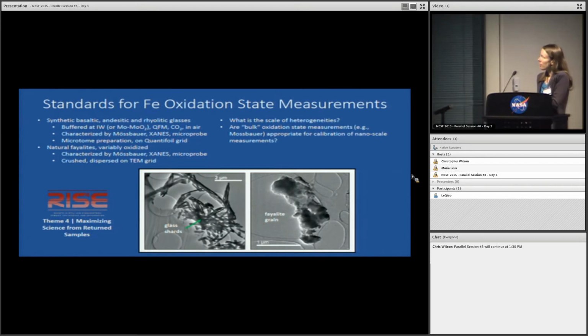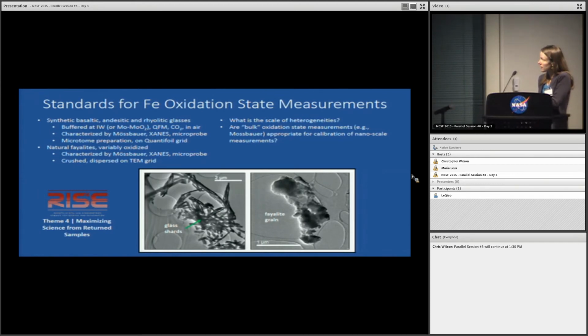To do that, we have a couple different possible standards that we've looked at. Some of these are basaltic, andesitic, and rhyolitic glasses buffered at different oxygen fugacities, and they've been well characterized using XANES and Mössbauer and in the microprobe.